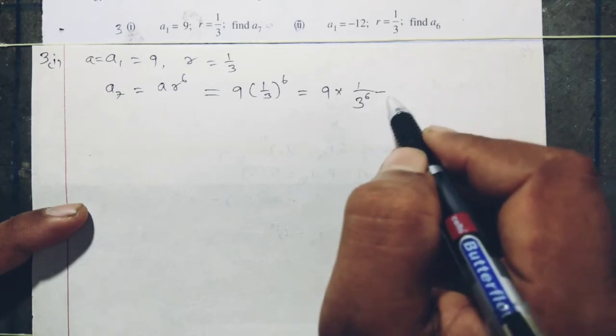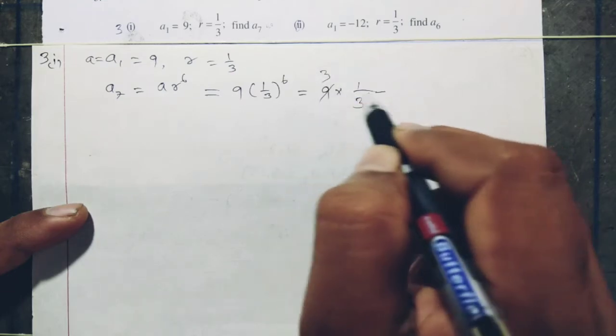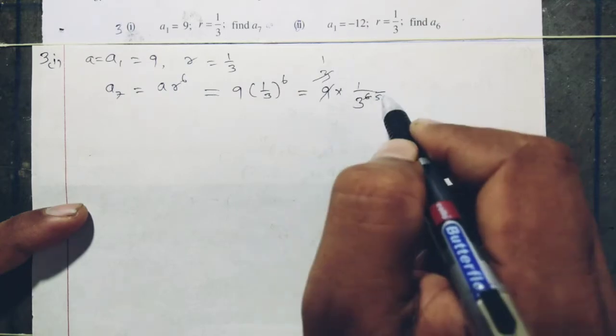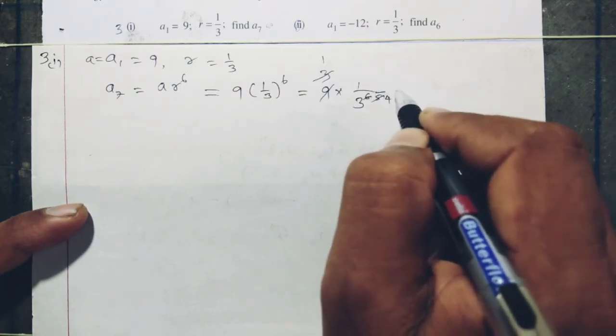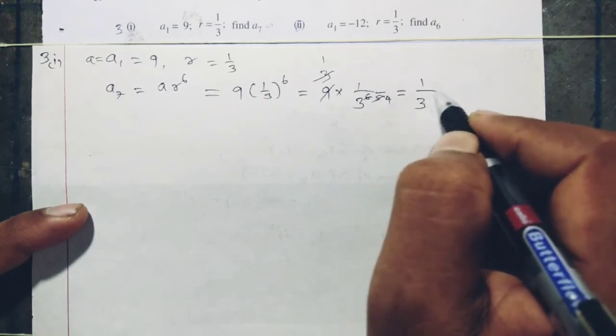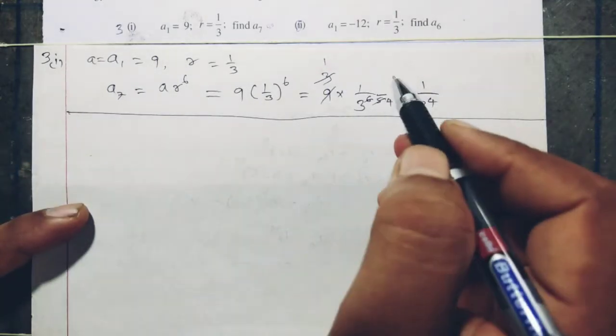So 3 to the power of 6 means 3 3s are 9, 3 3s are 9, again 3 3s are 9, so 1 by 3 to the power of 4.